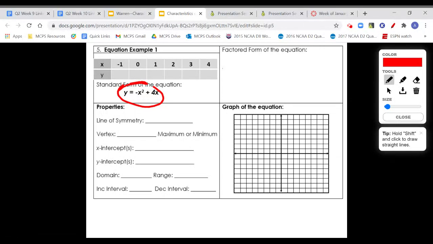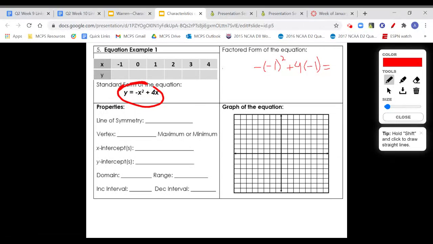So if I were to try to plug in -1 here, I would rewrite this equation, but in place of the x, I write -1. So, I'm going to actually write this further off to the side because that part of my screen is really bad. So I'm going to write it over here instead. But -x². So I replace the x with -1, and then plus 4x. Again, I replace the x with -1.